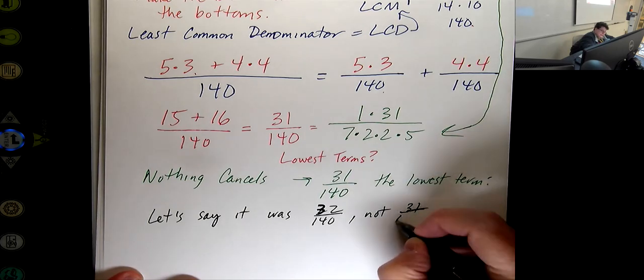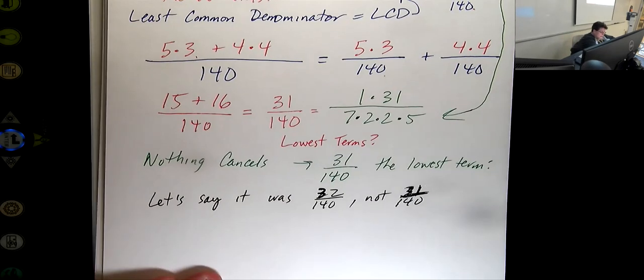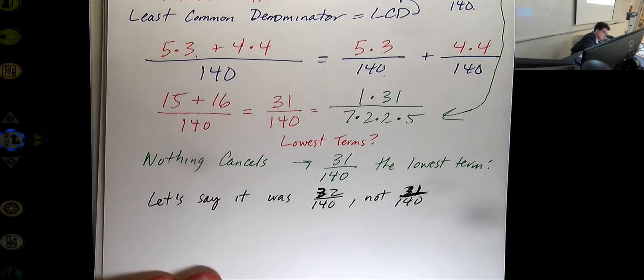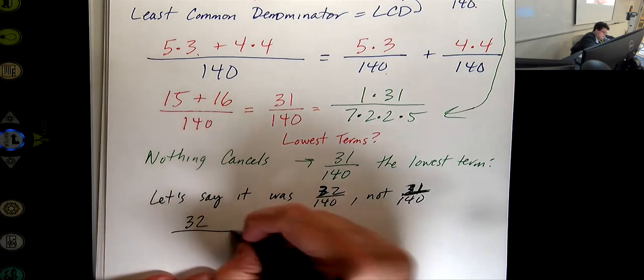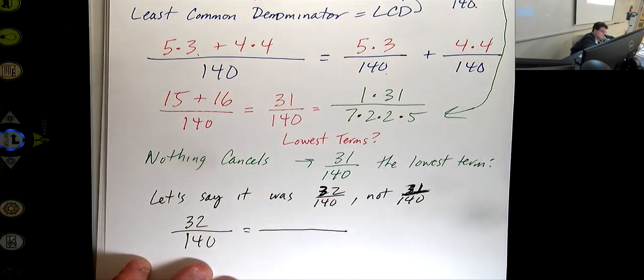I think this is easier to do than trying to set up the example ahead of time. So if I were going to do this, the 32 over 140, what would be your best way to simplify the 140 or the 32 first?